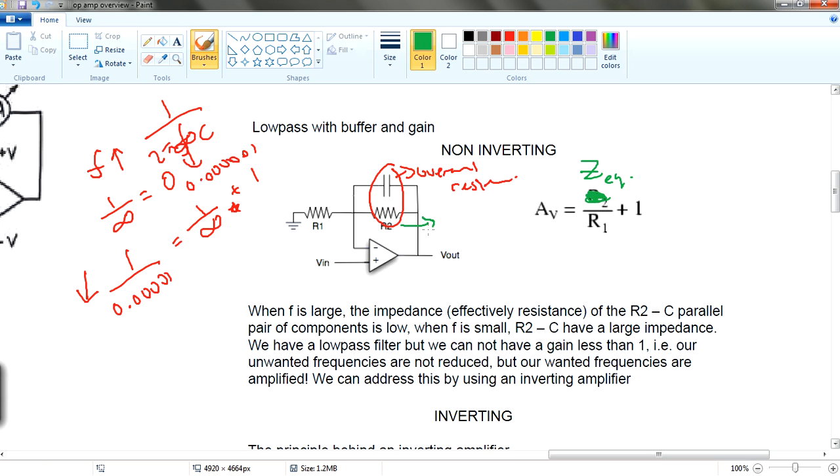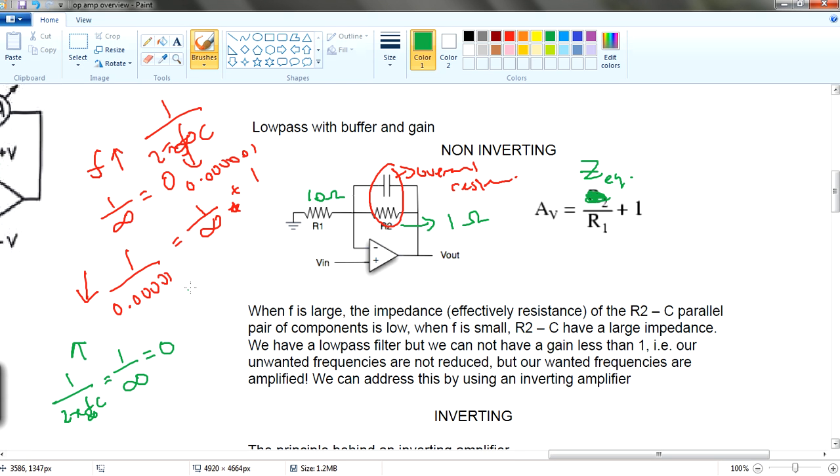So if your R2 is very small, let's say 1 ohm, and then your R1 is like 10 ohm. So you know that if your frequency increases, 2 pi fc is equal to 1 over infinity, right? Because frequency is infinity, it equals 0, right?